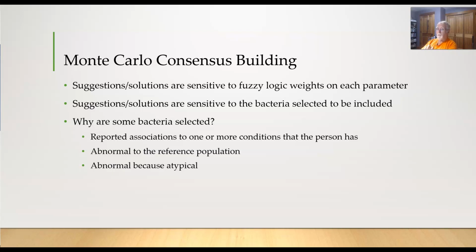So if you have a rare bacteria which shows up 80% of the time with people of a rare condition, but shows up in 5% of your reference population, the fact that you have some, regardless of the value, becomes a significant factor for what you want to modify.